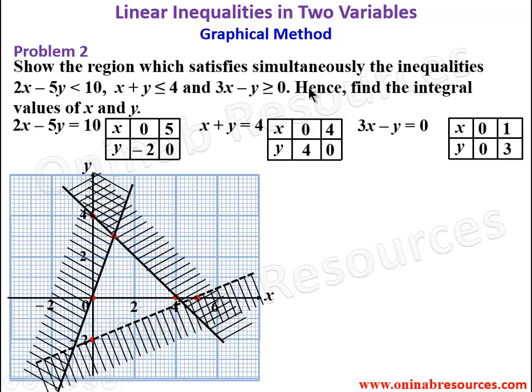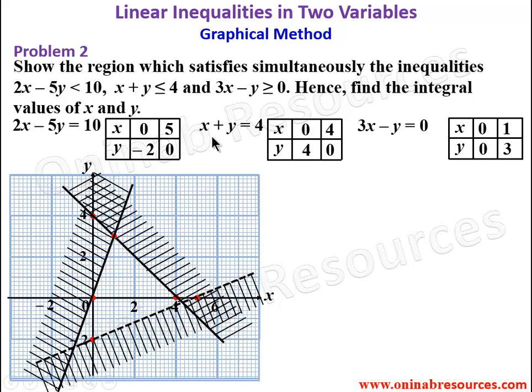Then the other part of the question says, hence, find the integral values of x and y. The integral values of x and y here mean those points whose coordinates are whole numbers. If you check, there are infinite points within the required region, but the ones we are looking for are the points whose coordinates are whole numbers.